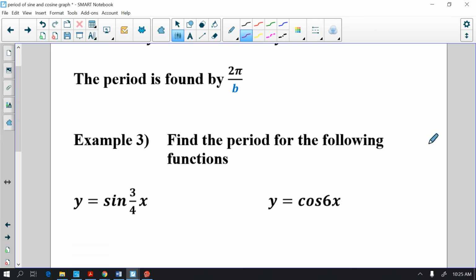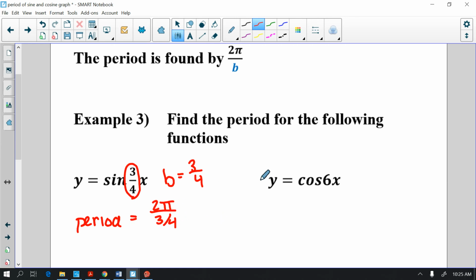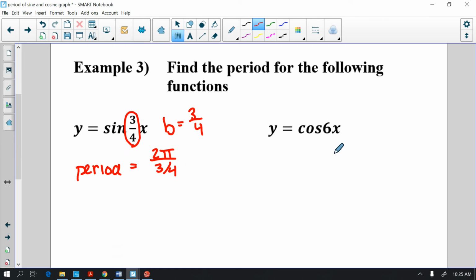So we're going to find the period for these functions right here. So we have sine of 3/4 x. In this case, b is equal to 3/4. So we don't include the variable in there at all. So the period is going to be 2 pi divided by 3/4. Now, one thing, don't leave it like that, please. You are in honors pre-calc.